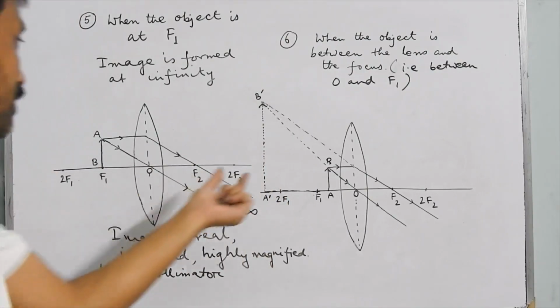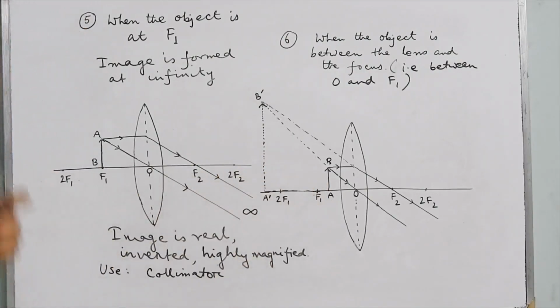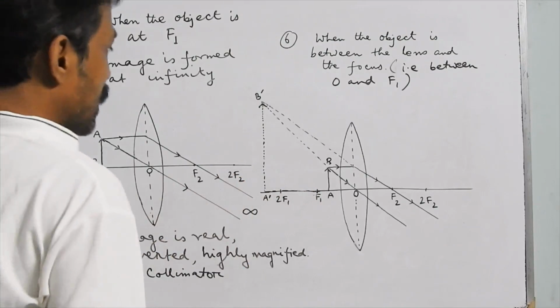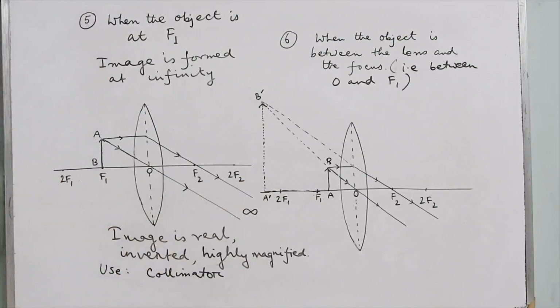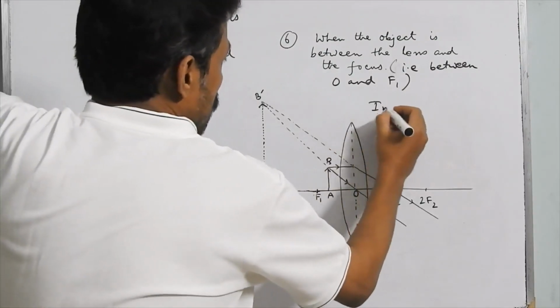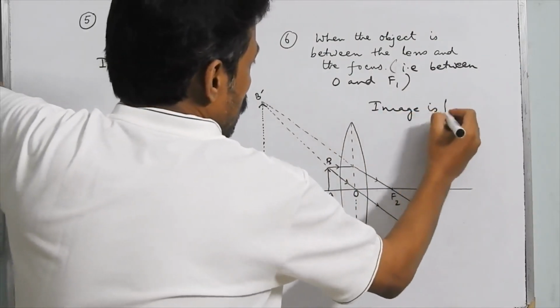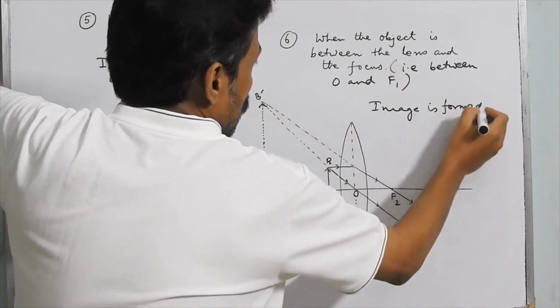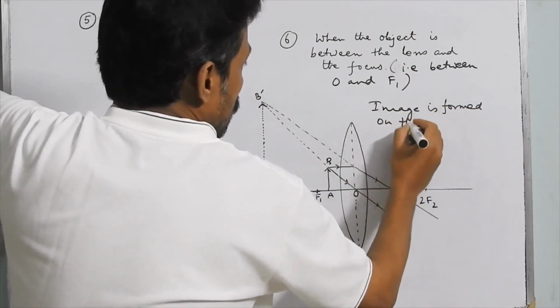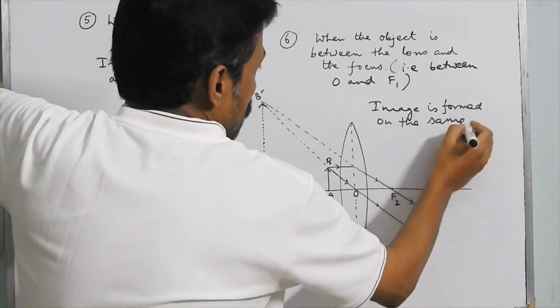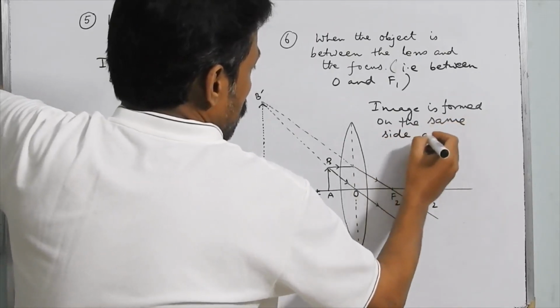Now as the image is formed behind the object, that is on the same side of the lens, we can say that the image is virtual. Image is formed on the same side as that of the object.